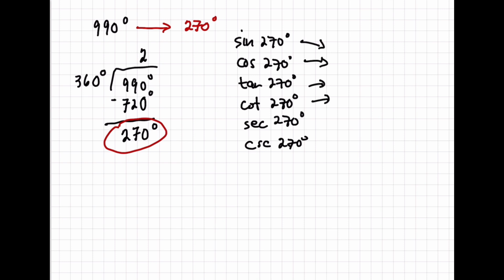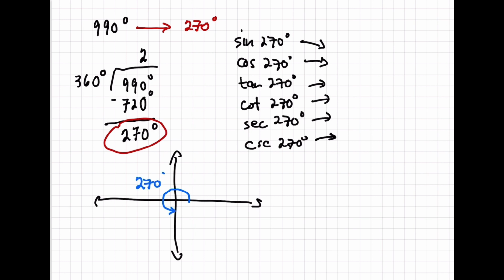So remember how 270 looks like? If I draw it in a Cartesian plane, how does it look like? So this is a positive angle, which means that we're moving counterclockwise from the positive x-axis. Then go to 270. So this is how it looks, right? This is that angle.